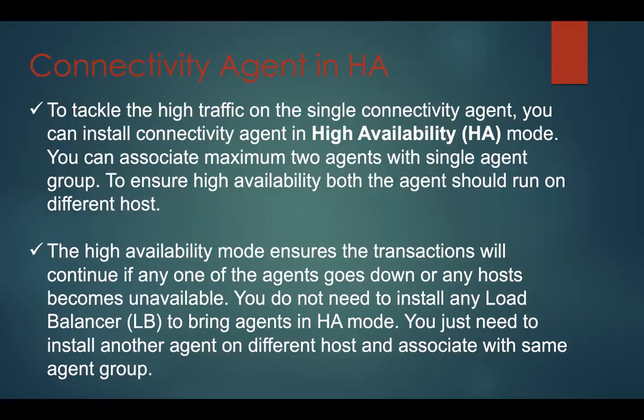Similarly, if you want to make the connectivity agent highly available, you can install it on two different machines. If any one of the machines goes down, your request will be served by the other agent, and it should be running in active mode. So to tackle high traffic on a single connectivity agent, you can install the connectivity agent in high availability mode. You can associate a maximum of 2 agents with a single agent group.